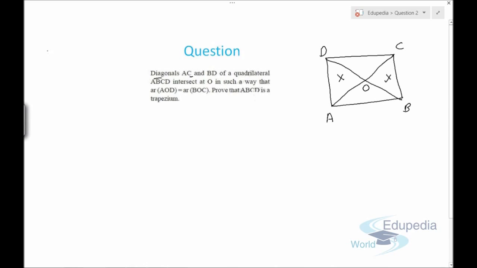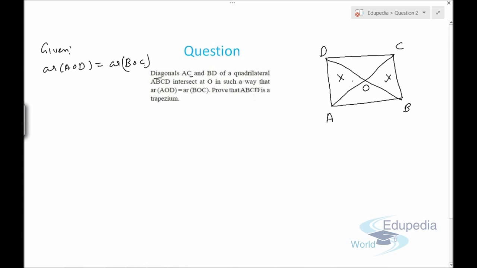So it's given. We need to prove that ABCD is a trapezium.